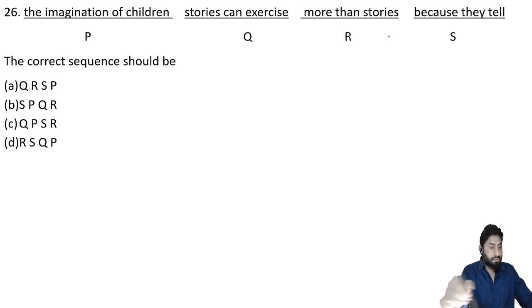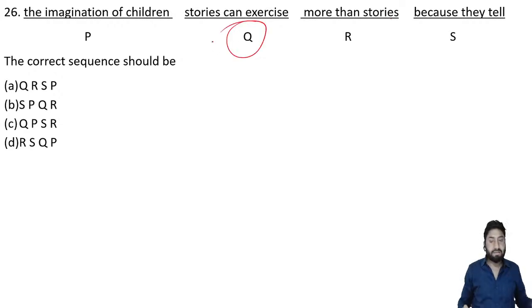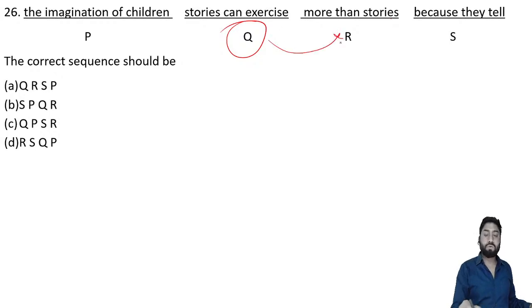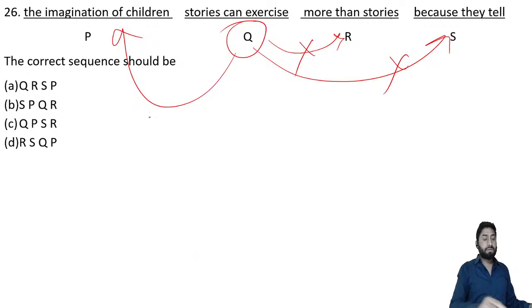Stories can exercise the imagination of children. This will be the first part. We understood this. The sentence will start with stories can exercise, but more than stories makes no sense with it. It's not gelling well. Stories can exercise because, that also makes no sense. We are left with this, right? So this is how it is.